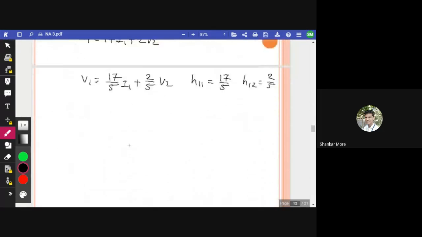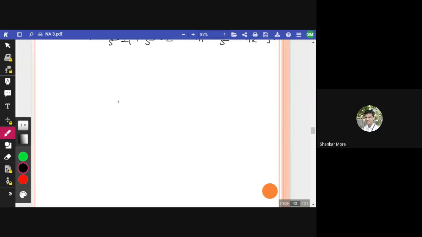Okay, so I will write this equation, that is V2 is equal to 4I1 plus 5I2, and we have to modify this equation in the form of I2. So 5I2 is equal to V2 minus 4I1, or it should be like this: 5I2 is equal to minus 4I1 plus V2, right?